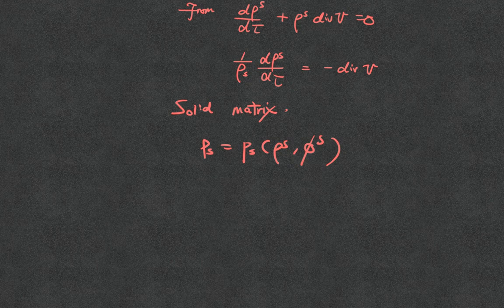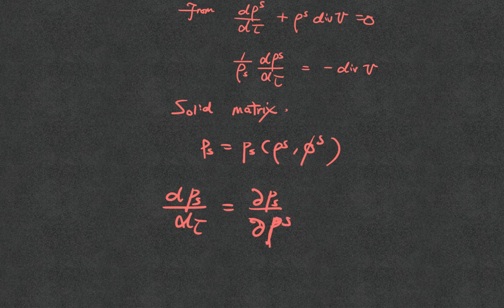And if I take the time derivative of it, I would have two different terms, because it depends on two different variables: the intrinsic density and the change of the volume fractions.